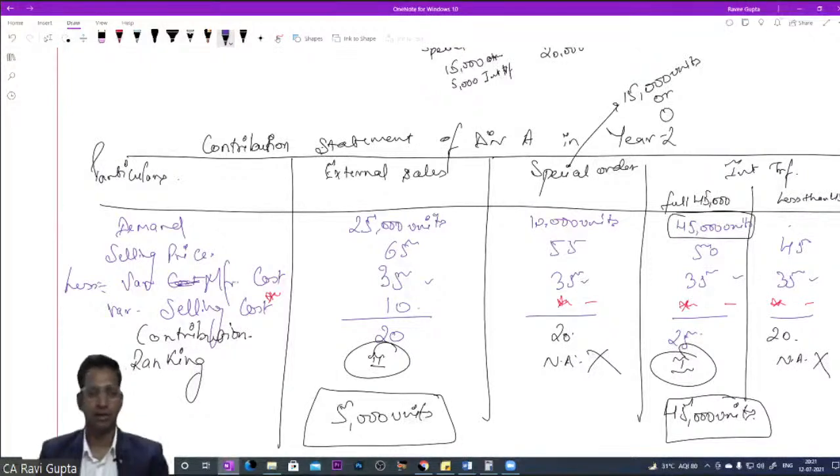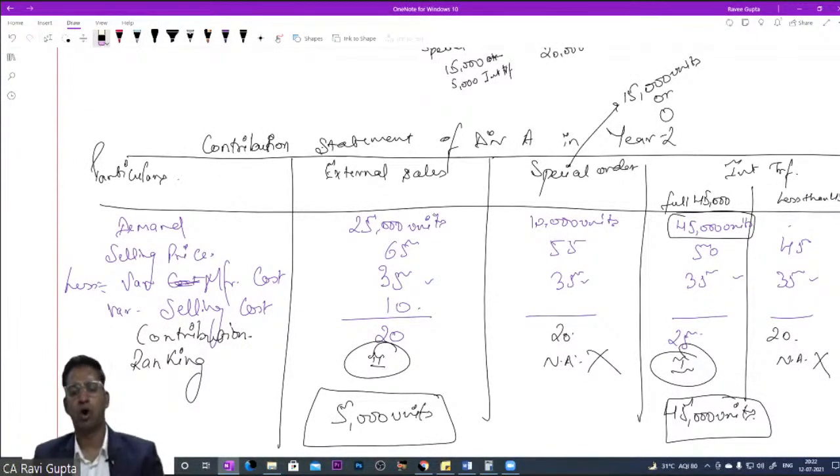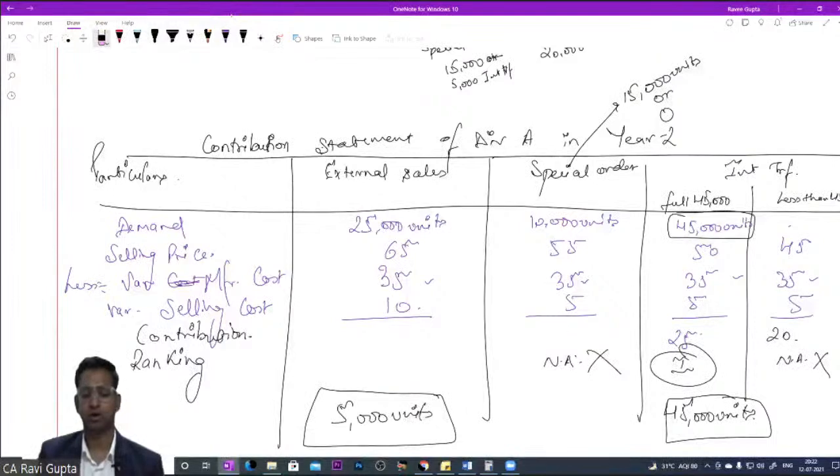And yes, variable selling cost will be incurred. Now, we need to remove this star mark because in year 1, there was no option to avoid your variable selling cost. So we are going to incur 5 rupees for each, and the contribution per unit is going to change.